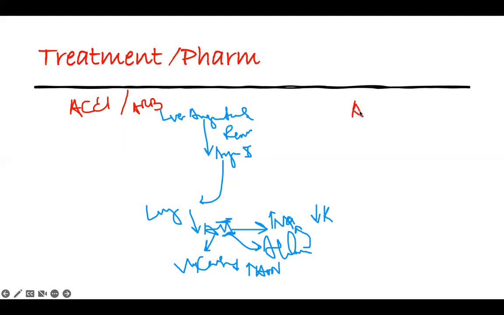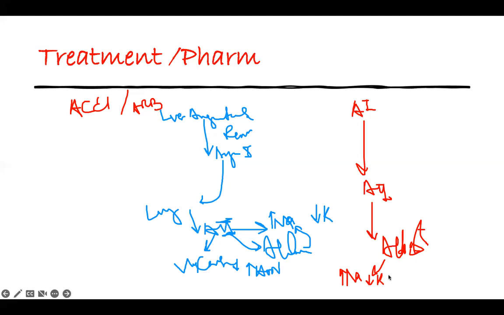So I will draw angiotensin 1 being converted into angiotensin 2, and this angiotensin 2 will lead to aldosterone. That will lead to high sodium and low potassium to increase your blood pressure. This is what happens, the renin-angiotensin system. I don't want to mention it, but that's what it is.